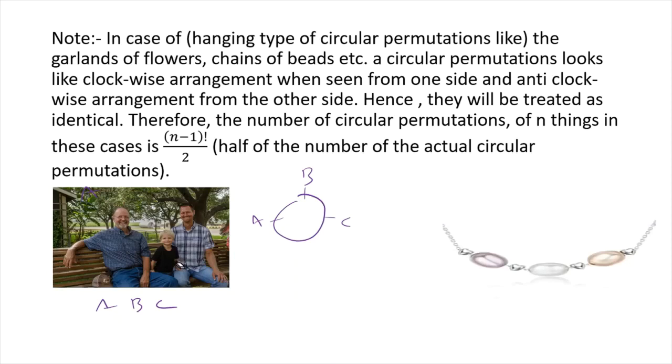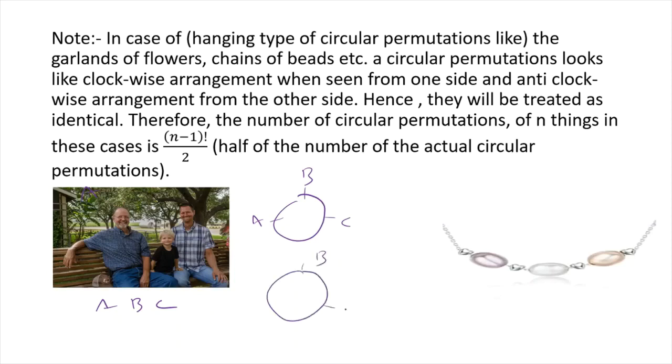If I want A to sit on the left hand side and C to sit on the right hand side, then I have to interchange these two. I can interchange these two only by making them stand up, swap their positions and then sit. Then only I will have this permutation.